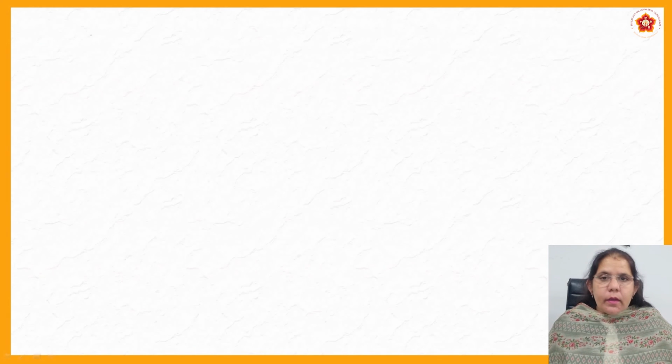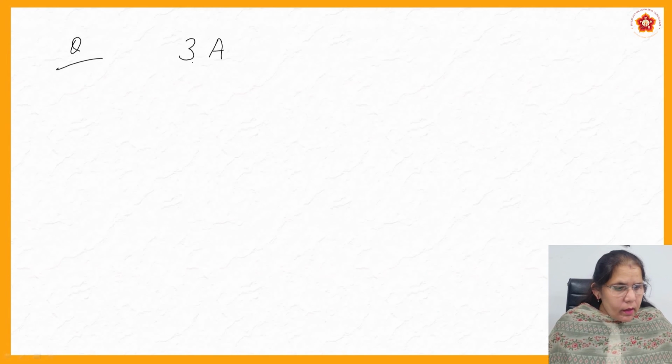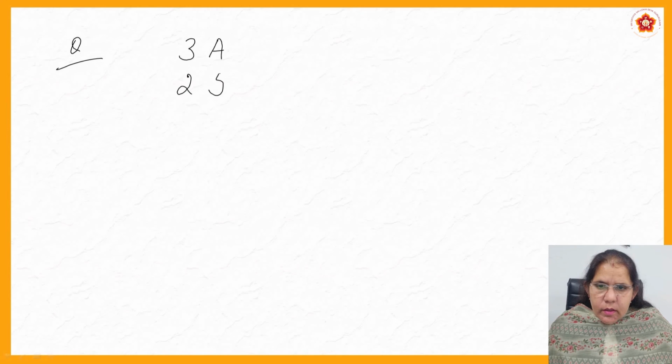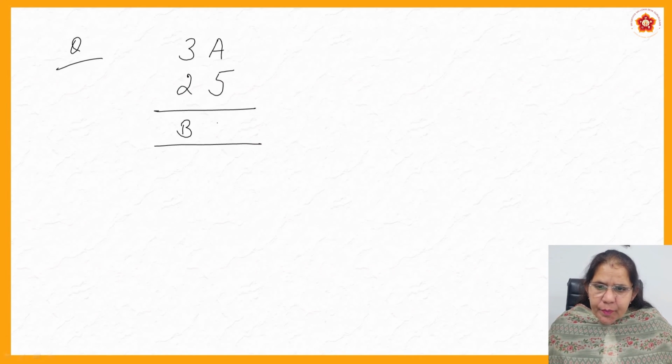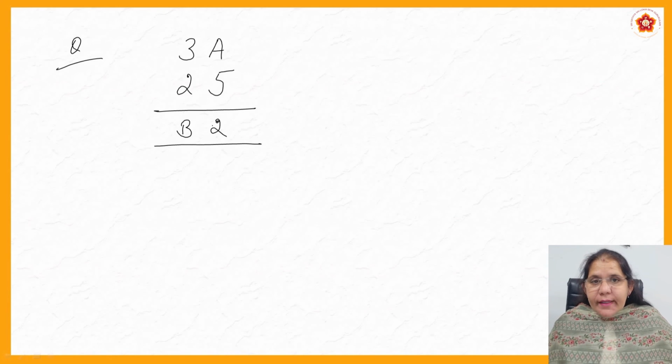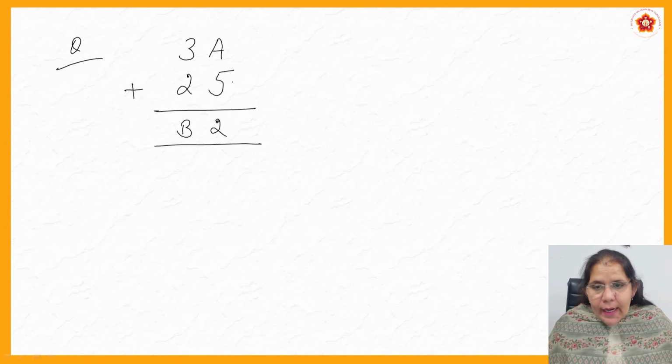For example, we are given 3A and 25 is added to it and we get B2. We have to identify what are the digits that should come in place of A and B. Now here you see, what should you add to 5 so that you get something that ends with 2?